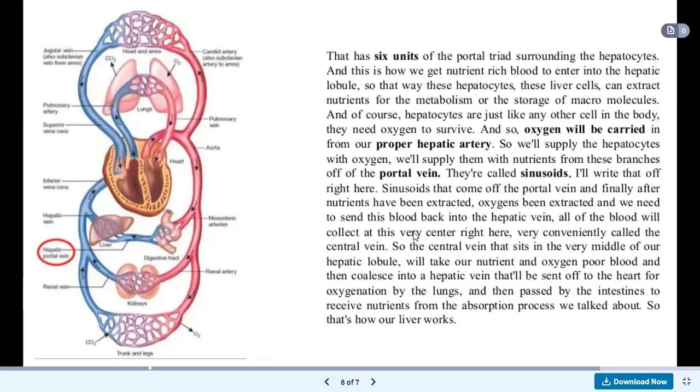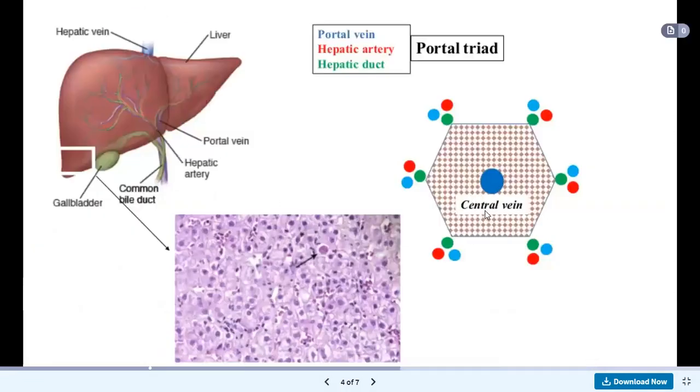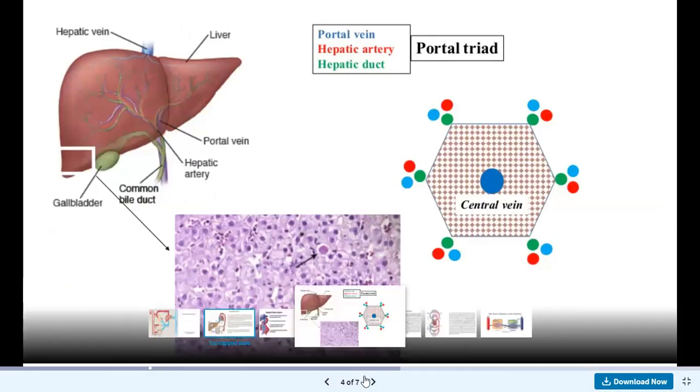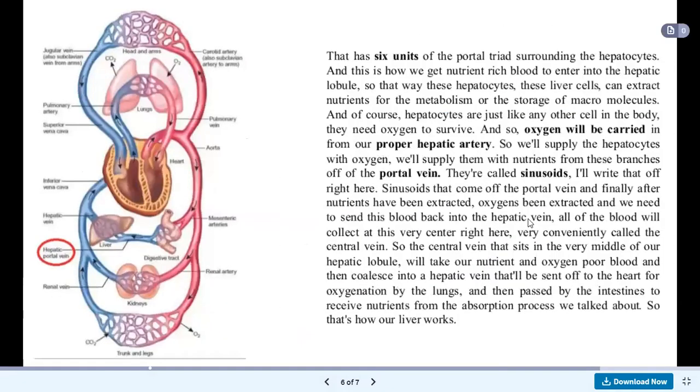All of the blood collects at the very center. In this slide, you see the central vein here. All the deoxygenated blood from the hepatocytes collects in the central vein. The central vein that sits in the very middle of the hepatic lobule takes our nutrient and oxygen poor blood.